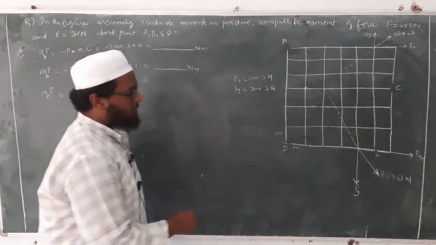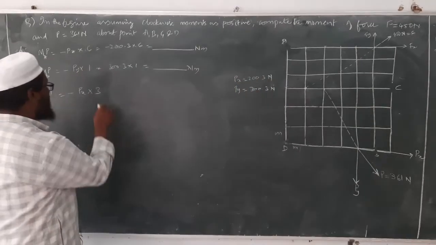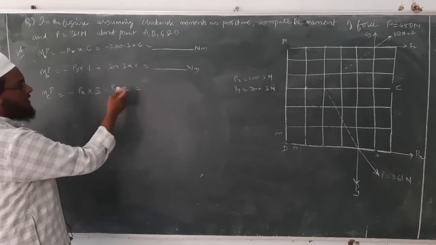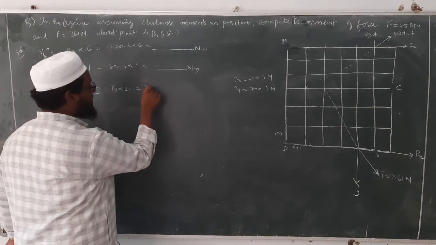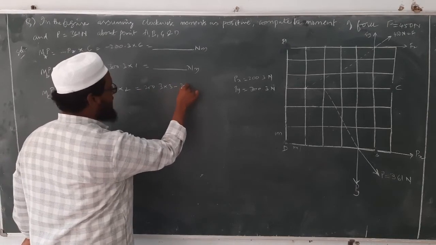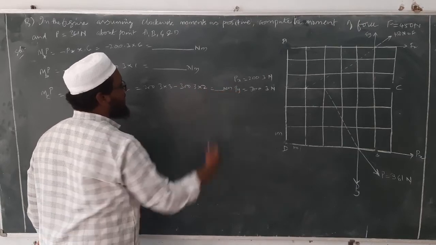What about the other force Py? Py is again going in the anti-clockwise direction, so minus Py into 2. Substitute the Px and Py values here: Px is equal to 200.3 into 3 plus minus 300.3 into 2. You will get some value in Newton meter.